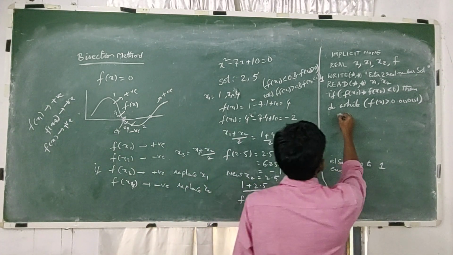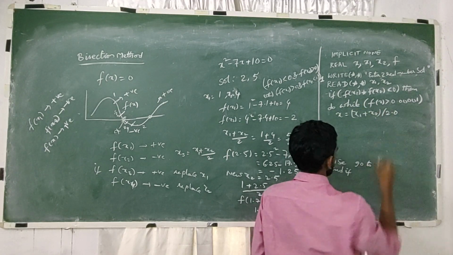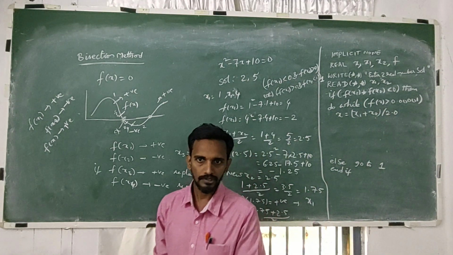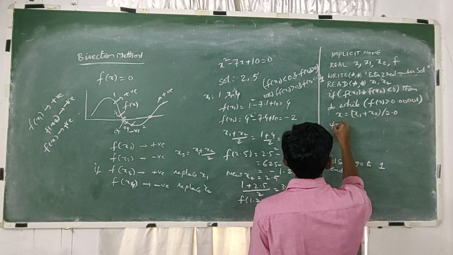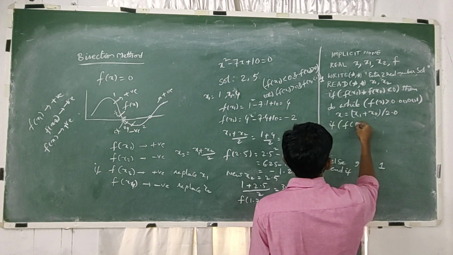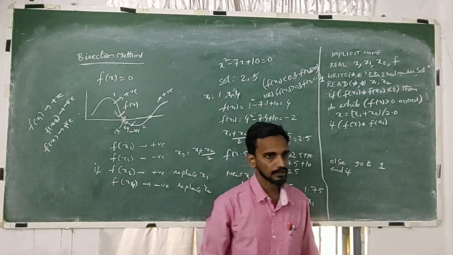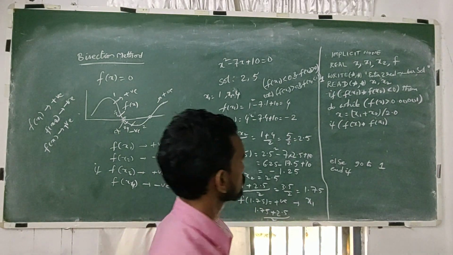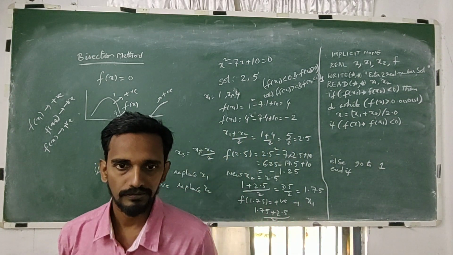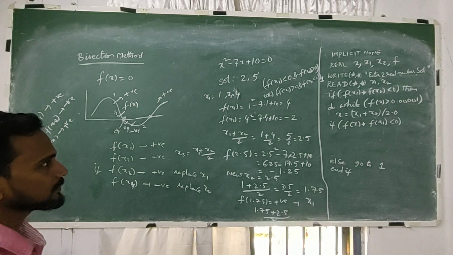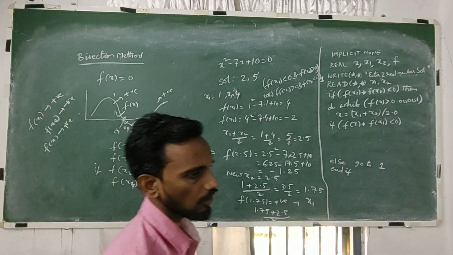So, check this. X is x1 plus x2 by 2. We have to do a real number division. So then, if f of x star f of x1 is less than 0, so that means what? x1 and x have opposite signs.